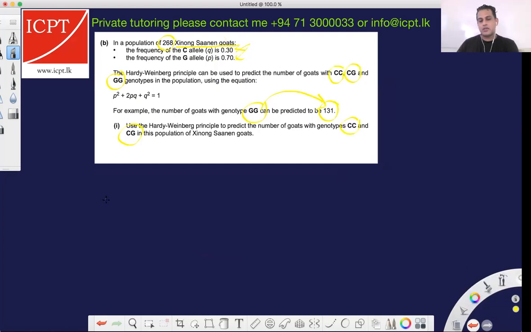Okay, let's use this Hardy-Weinberg equilibrium. This q squared represents the number of goats with the recessive form, this one represents the number of goats with the dominant homozygous form, and this represents the heterozygous genotype.